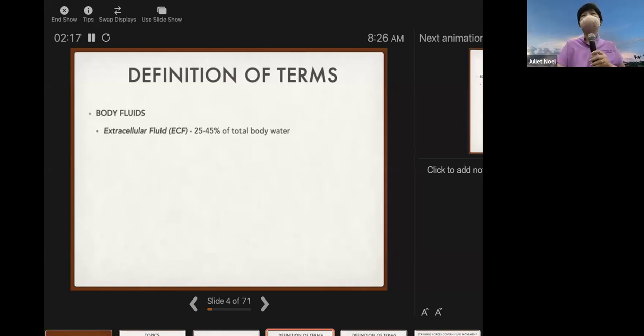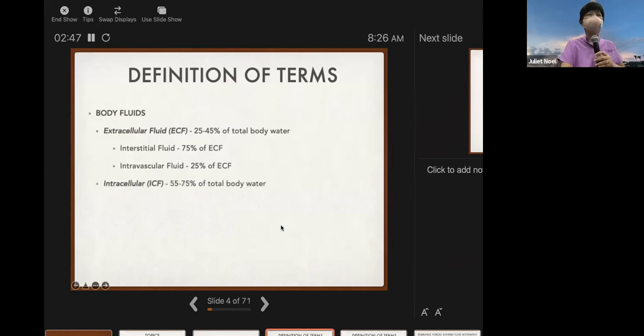The newborn's total body water can go as high as... The extracellular fluid is divided into interstitial fluid and intravascular fluid. 75% of the ECF is interstitial and 25% is intravascular. Intracellular fluid comprises 55 to 75% of the total body water.